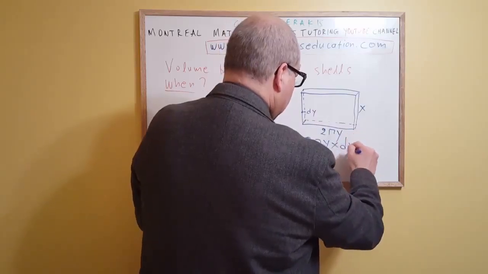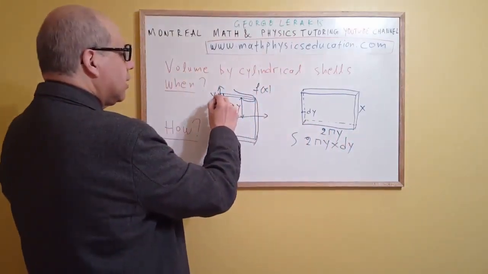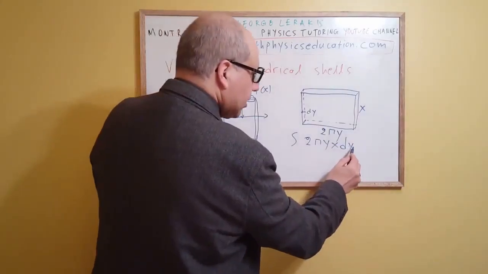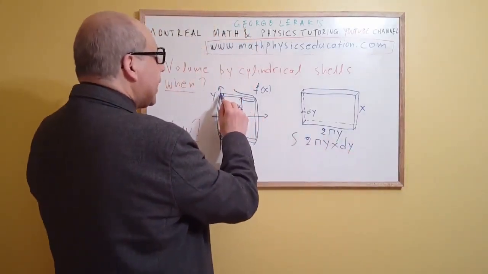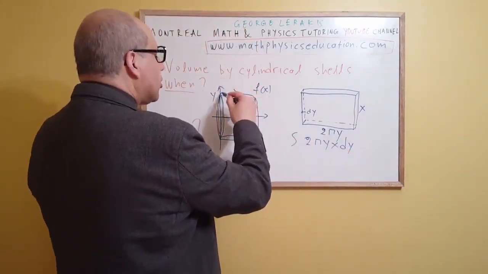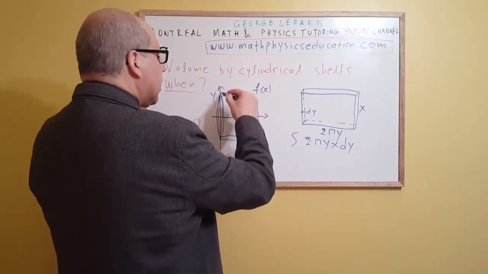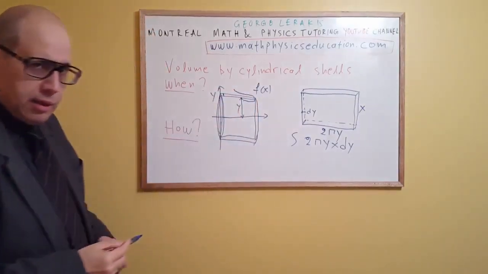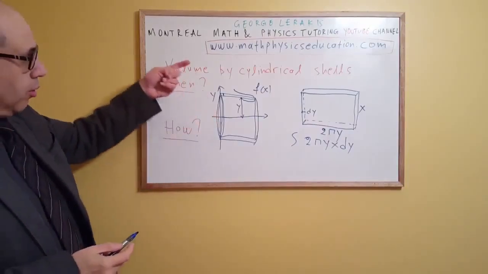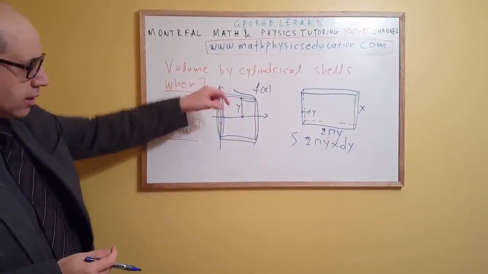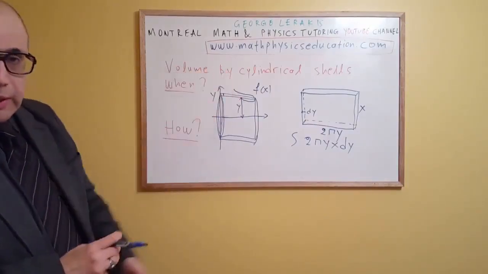And you see here that the integral will be in terms of y, because we are adding the volumes that have thickness dy, while in the previous method of cylindrical discs we were talking about dx.